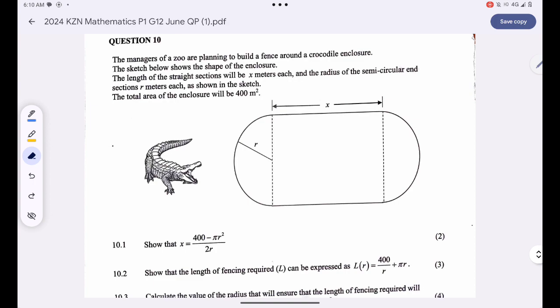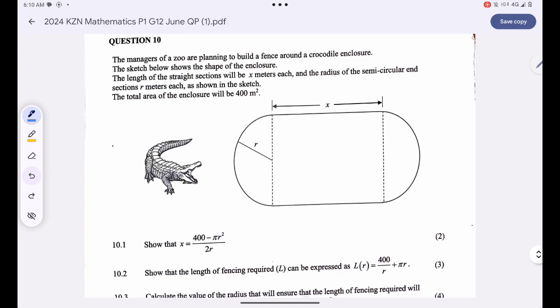The total area of the enclosure will be 400 square meters. So they want us to show that x is equal to this thing over here.